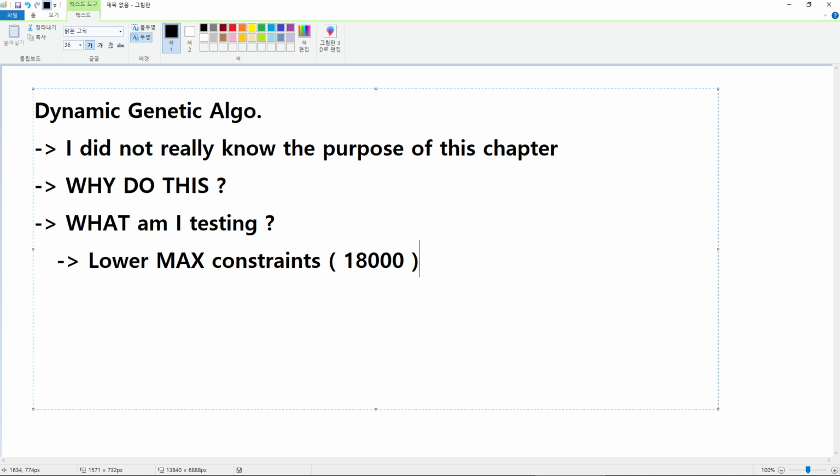I'm sure I said it's supposed to be in grams in this case, but anyway, 18,000 is okay, but don't go above 18,000.